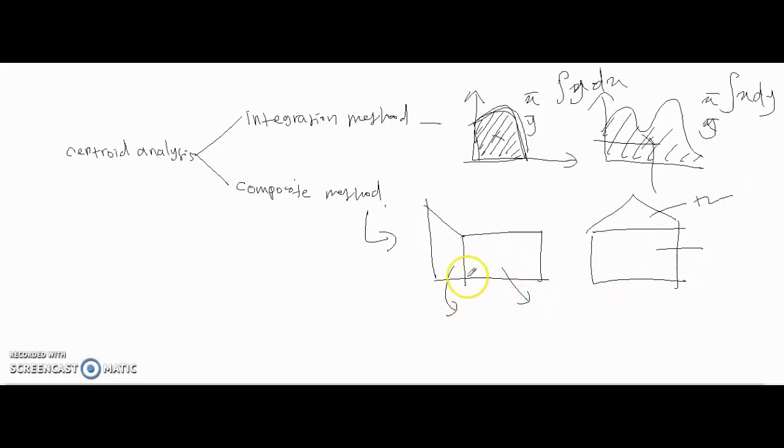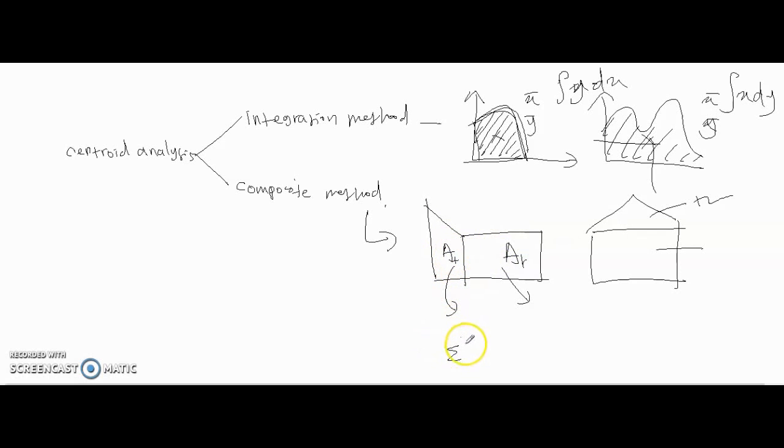So for a composite shape, to find the total amount of the gravitational force, with the integration method you need to do the integration, right? But here you just do the summation. Let's say you find the area of the trapezoid and the area of the rectangle.